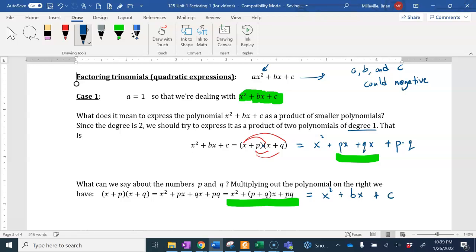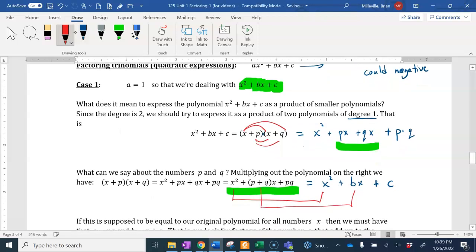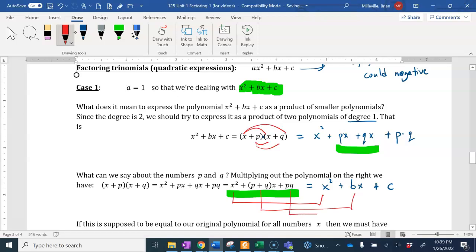We're going to draw a conclusion: the only way these things can be equal is if the coefficients are equal. We match x squared with x squared, the coefficient of x with the coefficient of x, and then the constant term with the constant term given in the polynomial. So our goal is to find these numbers p and q to make this factorization correct.